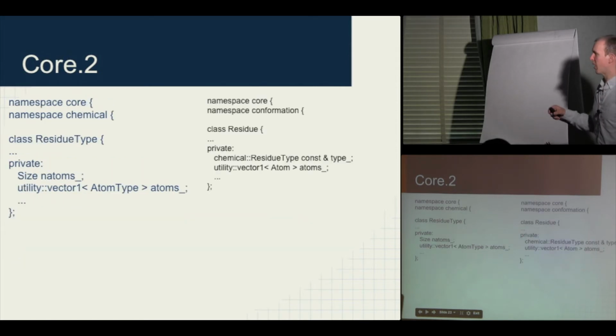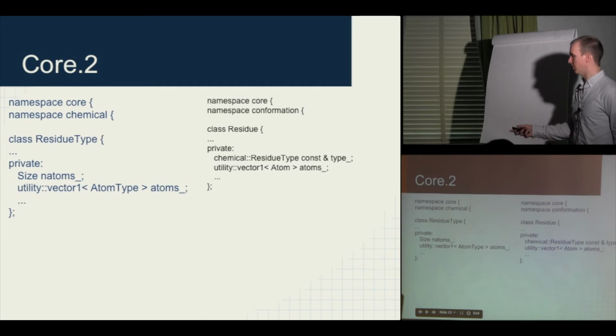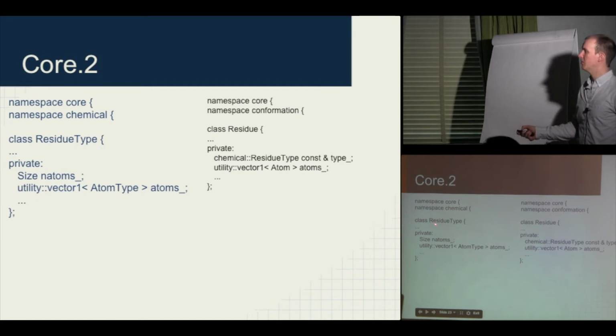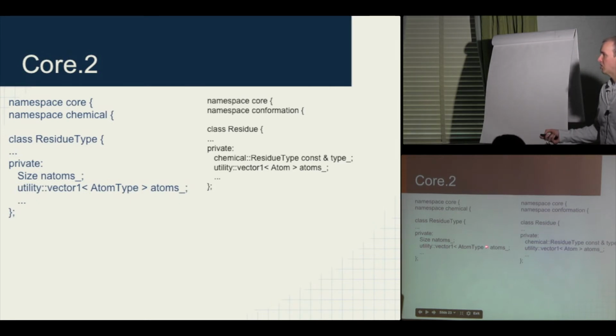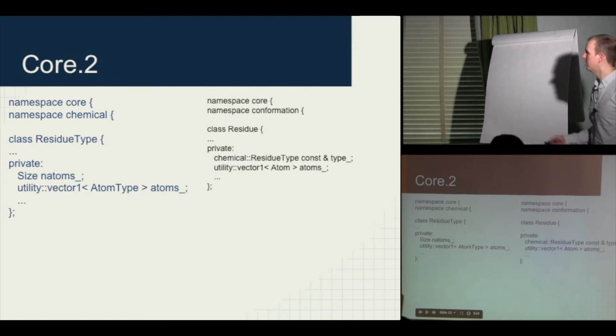The way we do this is we have classes in core chemical, such as residue type, which has information about abstract descriptions of residues. Each residue type would be given by, say, the number of atoms that it has, and for each atom, identified by index, you would be able to access its atom type.